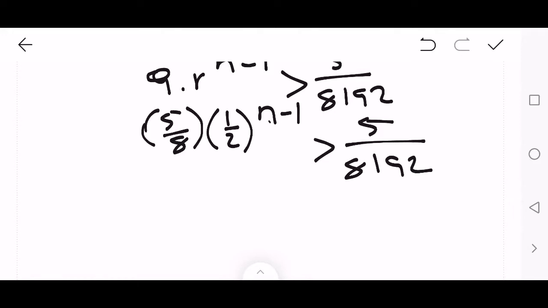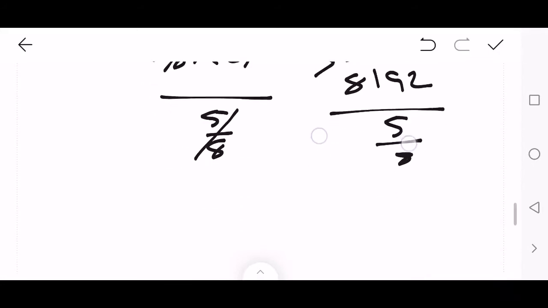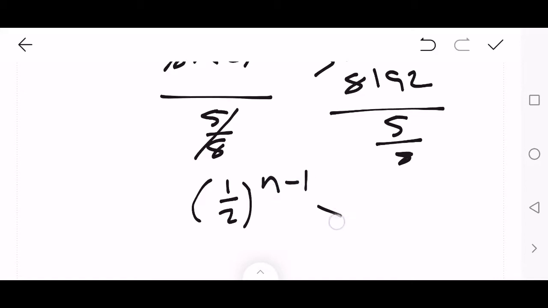So we will go ahead and divide by 5 over 8 on this side, and we will divide by 5 over 8 on this side. So that will cancel that, that will cancel that, and we'll be left with 1 over 2 to the n minus 1 is greater than 1 over 1024.